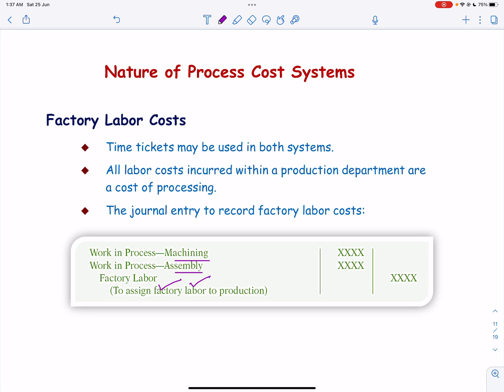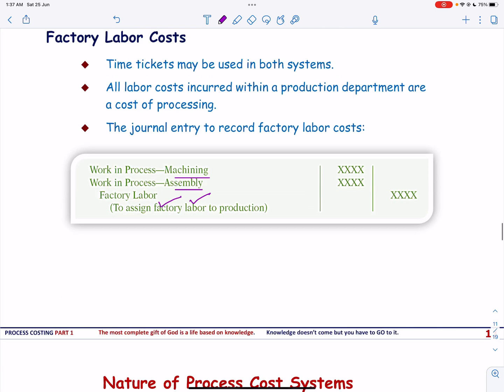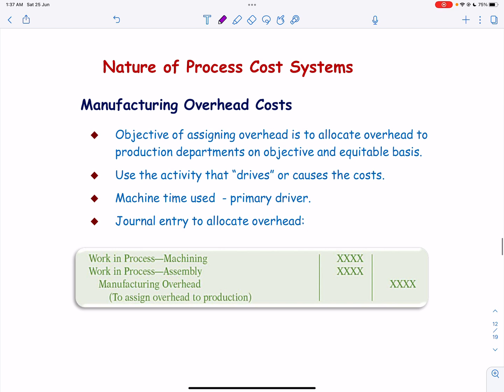Next, let us see how manufacturing overhead costs are recorded in process costing. The manufacturing overhead cost should be allocated on an objective and equitable basis. That basis is the activity that drives or causes the cost. For example, time used may be a primary driver of overhead cost in continuous manufacturing operations, and not direct labor.